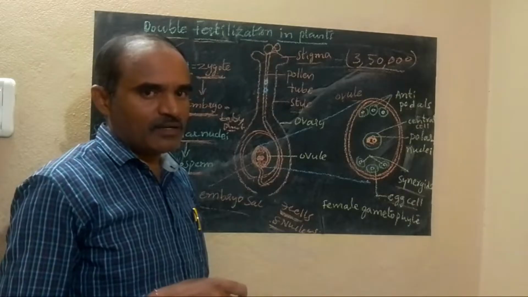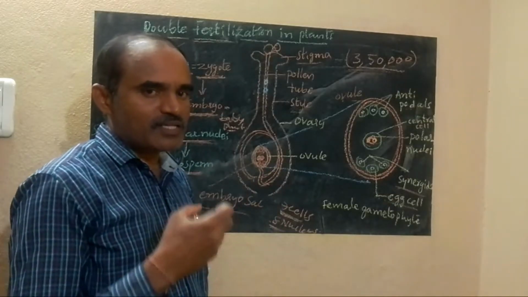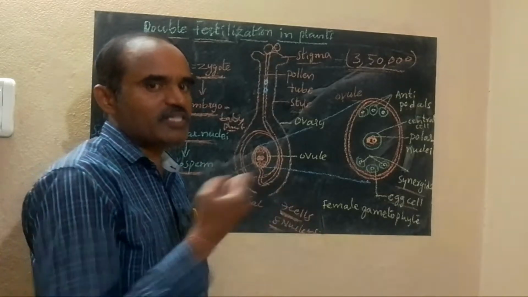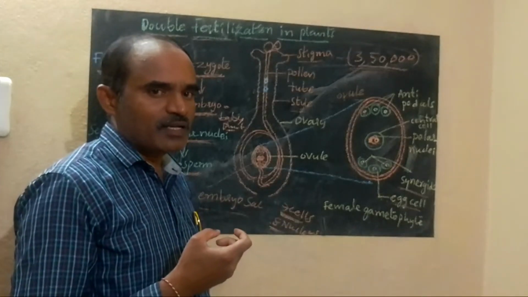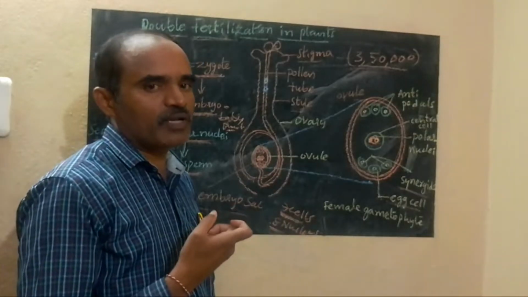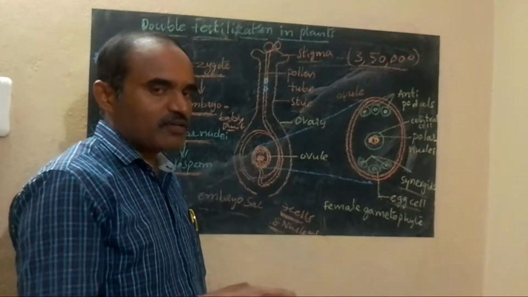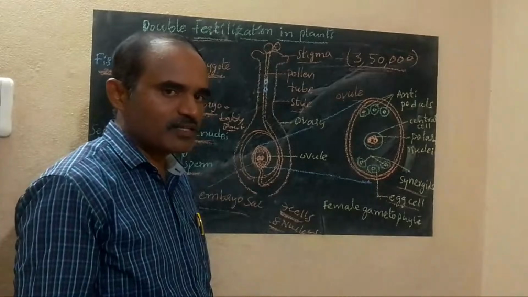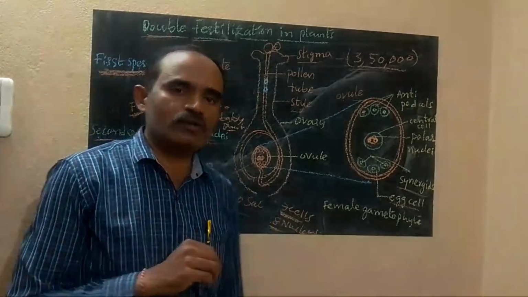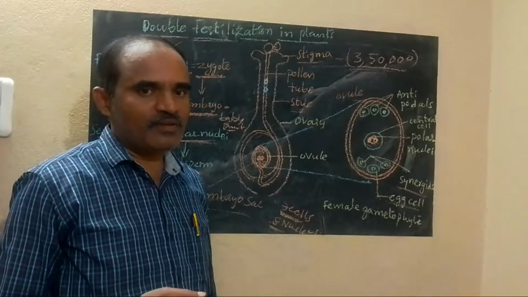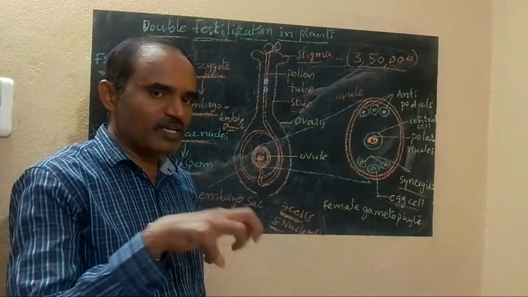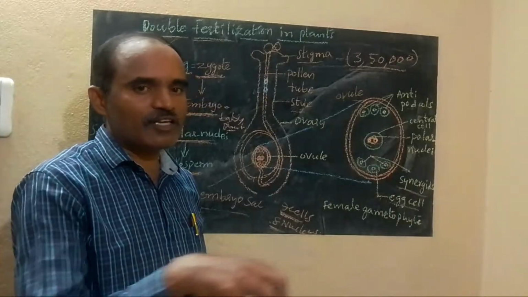The sugary substance helps to receive and attach the pollen grains, and also helps to germinate them. Because of that sugar and other chemicals, the pollen grain moves towards the ovule. Movement of pollen grains towards the ovules is called chemotropism.